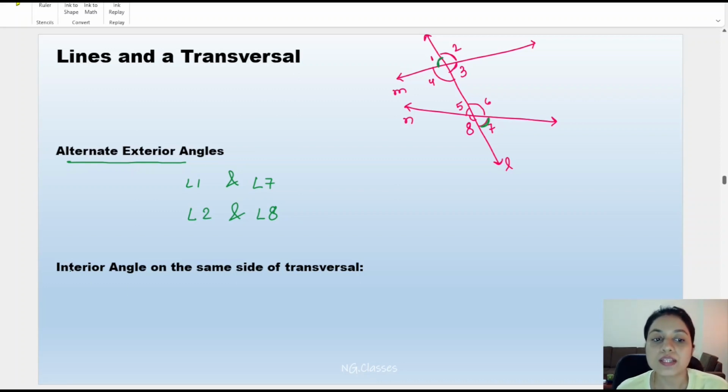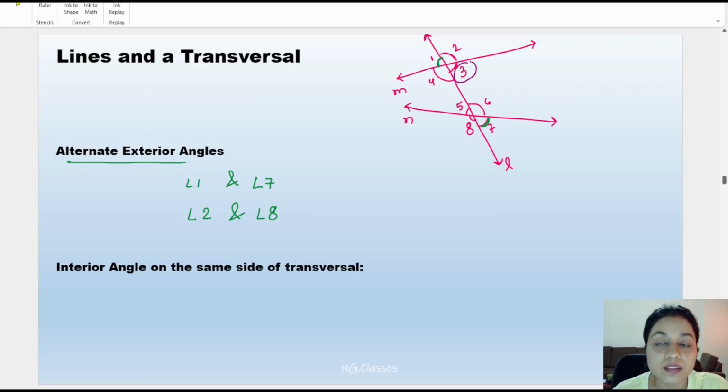Here the next one is interior angles on the same side of the transversal. So we have to focus on interior angles, but on the same side of the transversal. We know angle 3, angle 4, angle 6 and angle 5, these are all interior angles. We have to collect interior angles on the same side of the transversal.